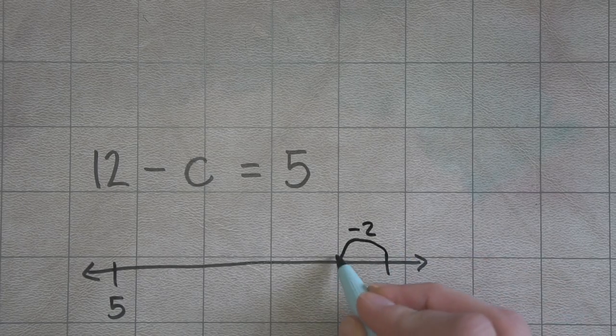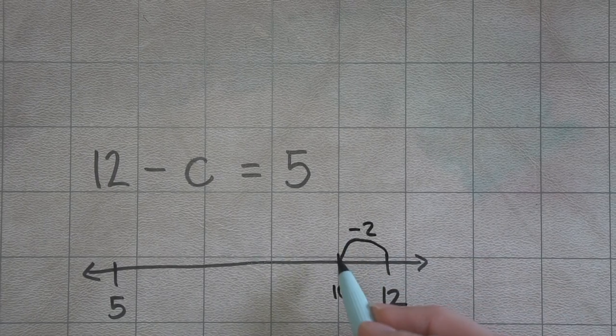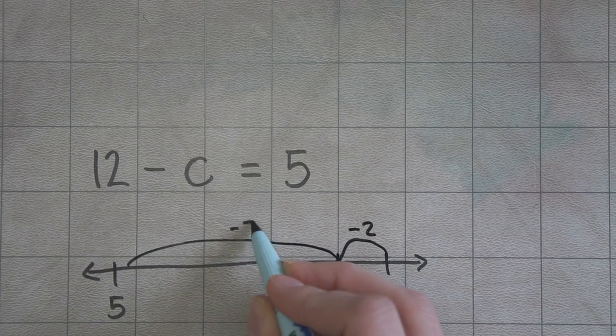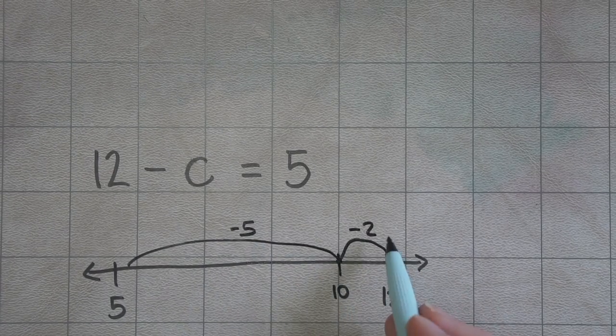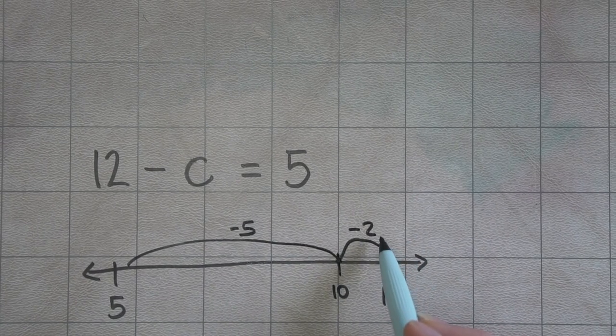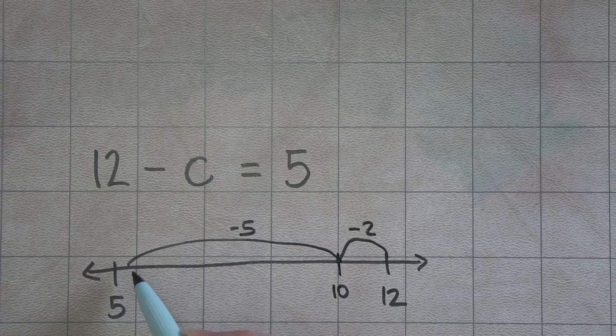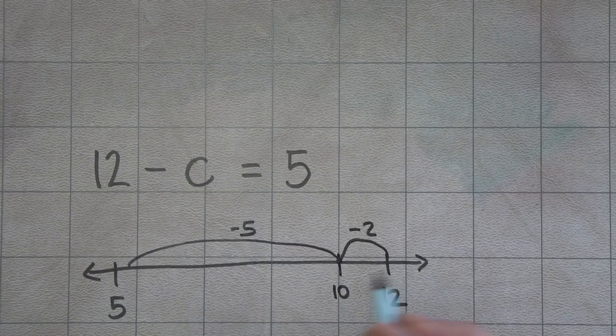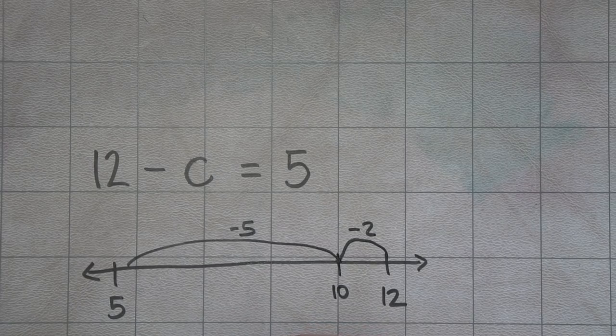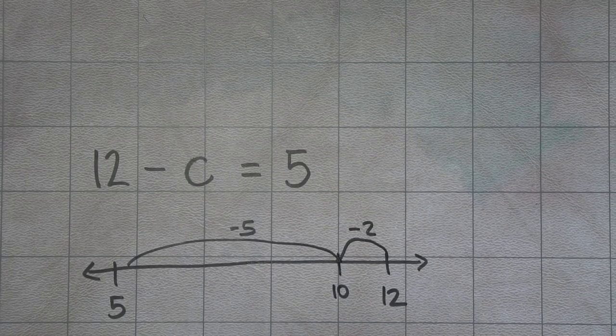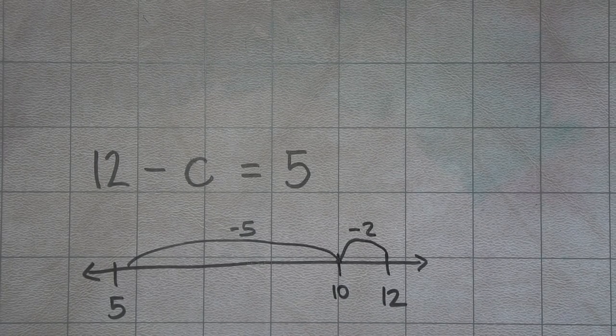Let's take away 2 to get to a 10 and then subtract 5 to get to the 5. So altogether, Frumpkin must have taken 2 toys and 5 toys under the couch. That's 7 toys altogether. So, C, our mystery number, is 7.